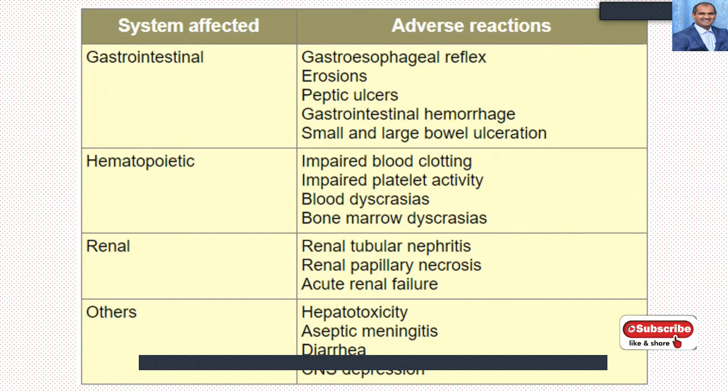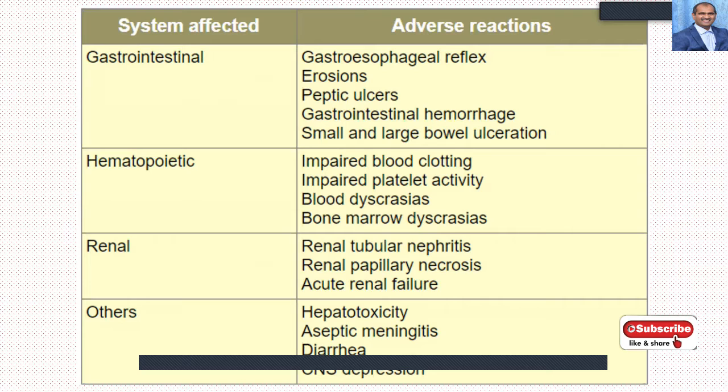Renal tubular nephritis is also a common thing, then renal papillary necrosis and acute renal failure will be seen, especially in birds, which are highly susceptible. Diclofenac is a toxic drug to vultures, and because of this, diclofenac is banned in India because of the vulture episodes.